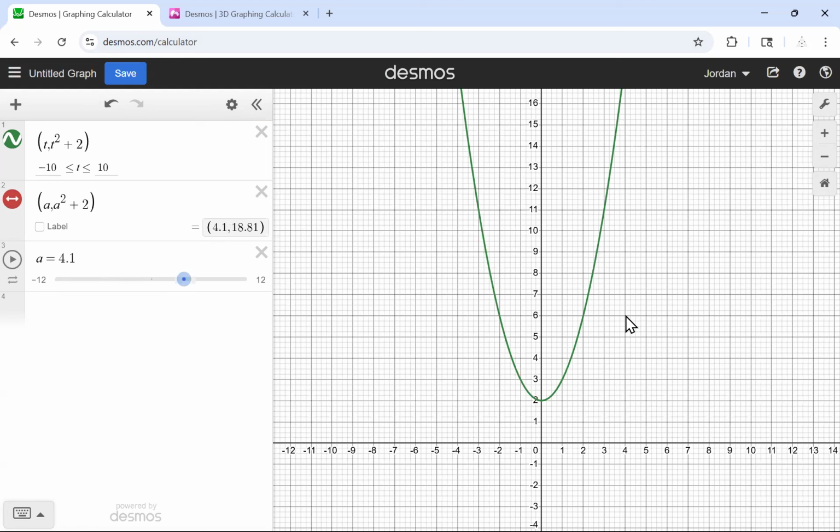Like I said, this is how to do this on Desmos. There are other ways to do it on different technology pieces. If you're using your TI-84 calculator, you use the trace button. But this is the idea of orientation: movement of the point as t increases.